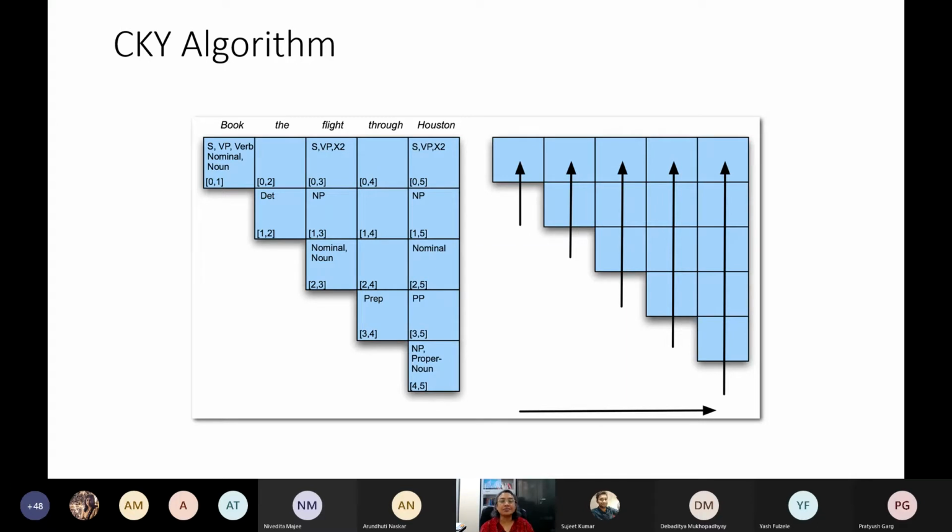So 1, 1 comprises the first word, book. 1, 2 is the phrase book the. 1, 4 is book the flight through. Similarly, 2, 3 is the flight, and so on. So you can find out the different subphrases, right? And you can define this upper triangular matrix so that the cells in the matrix correspond to the different subphrases.